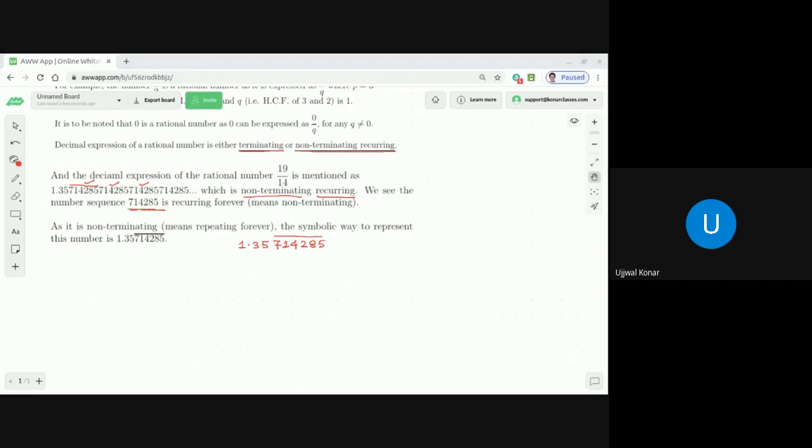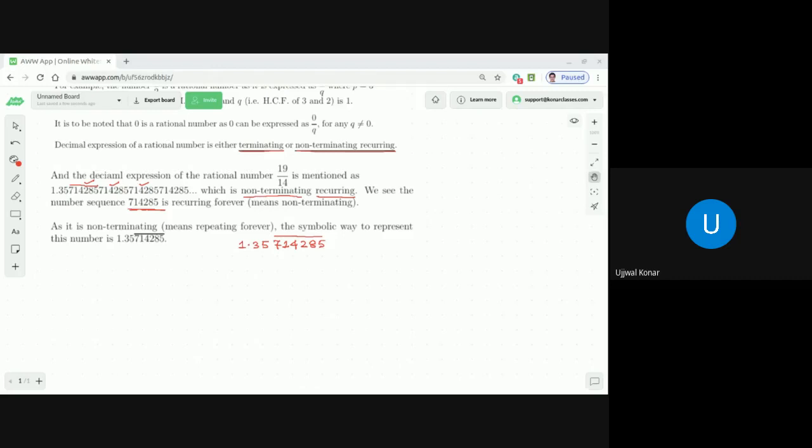So our next point that we are going to discuss is how to find multiple rational numbers in between two given rational numbers.